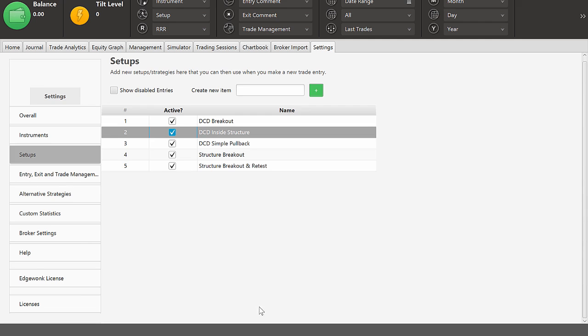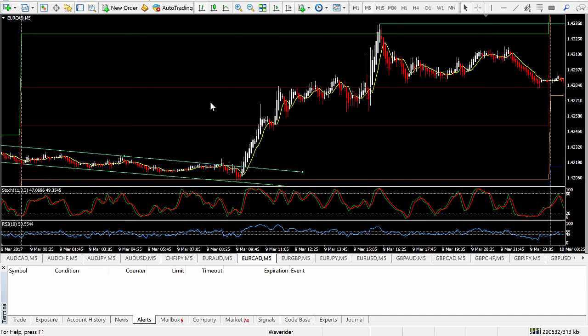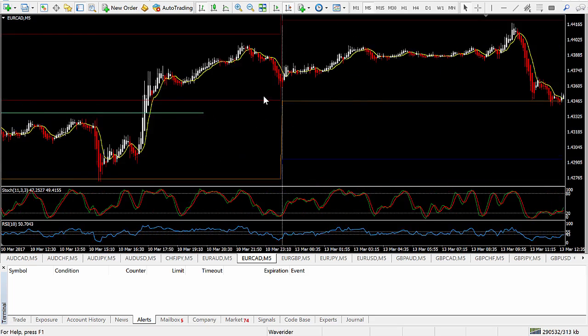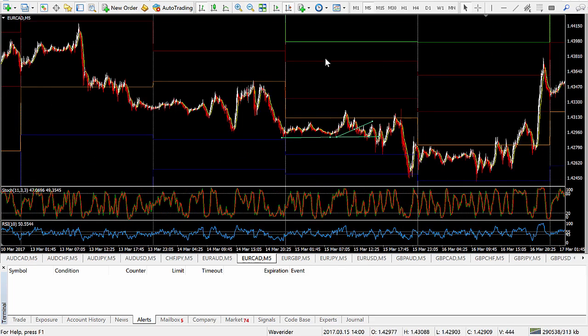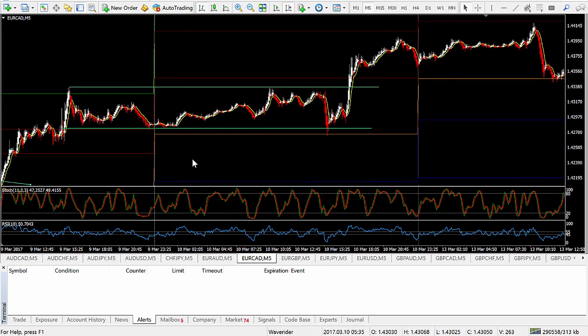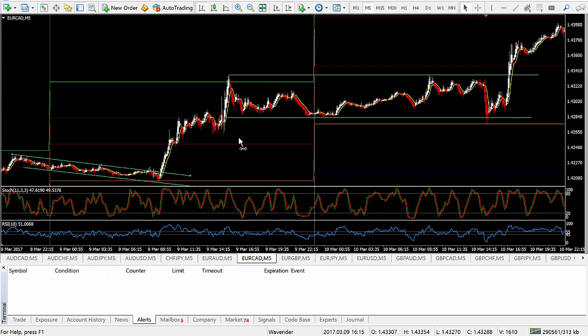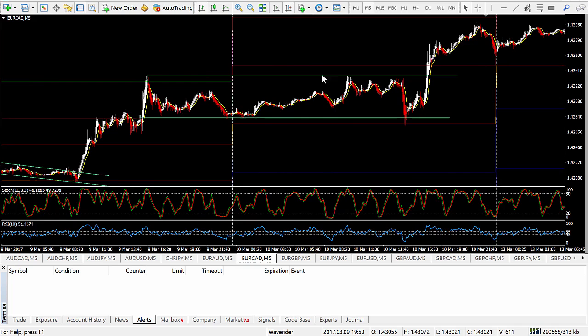Then DCD inside structure simply means that the trade triggered while we were still inside a structure before the breakout. We have that right here. As you can see, after our breakout from this bear flag, we had a drive up. Then we had this horizontal range here, this consolidation with a double top, another double top inside that range actually.